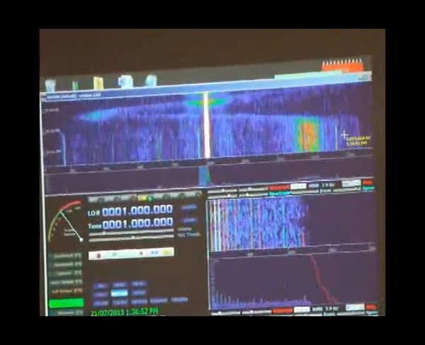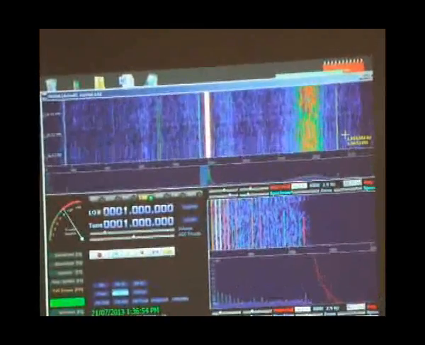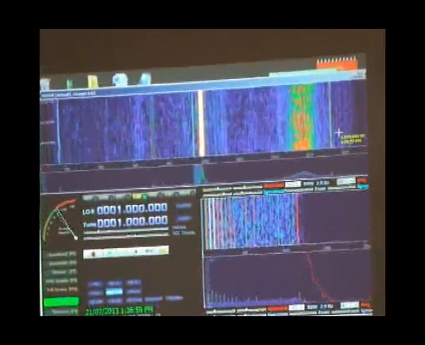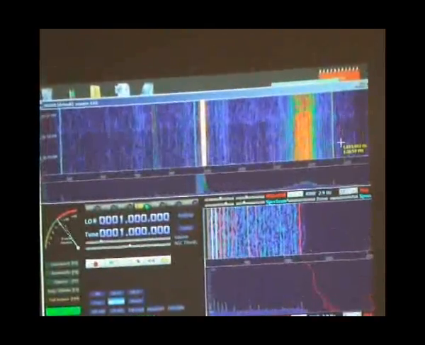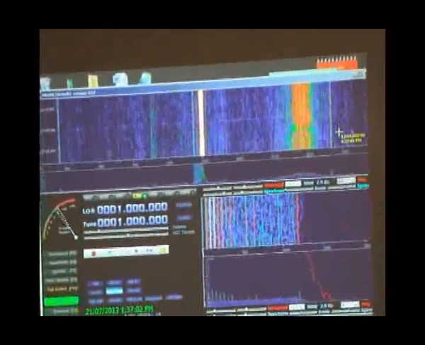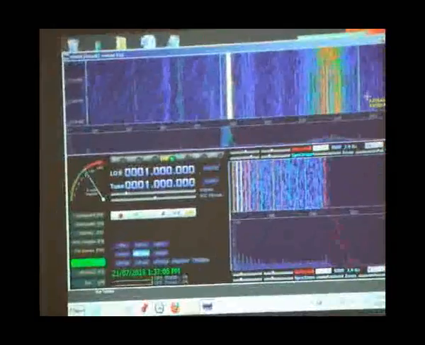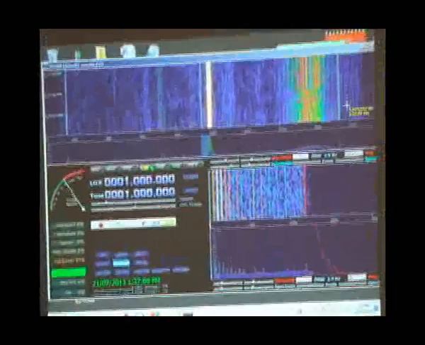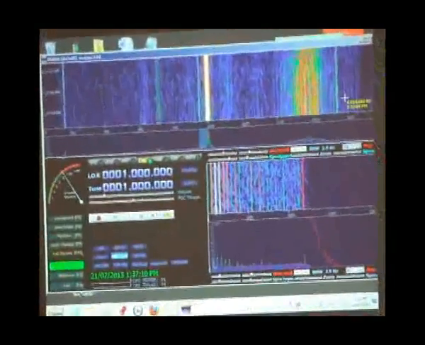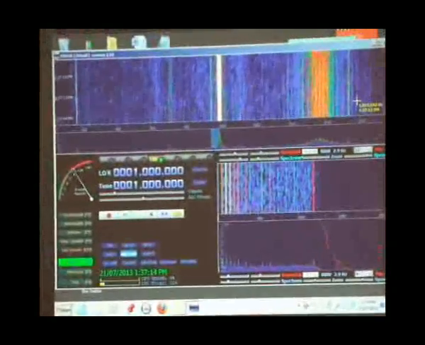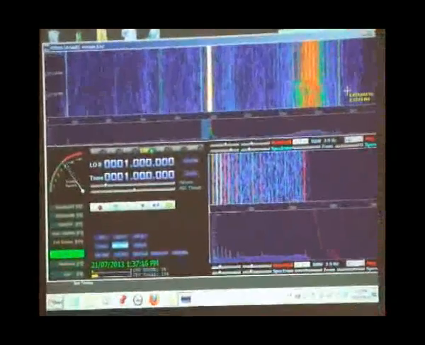Whereas with a spectrum scope, you just watch the spectrum, and the type of sound card you're using, the computer's internal sound card, defines how much spectrum you can actually observe. So this has got a 48 kilohertz sound card, so I get 48 kilohertz of spectrum. The sampling rate of the sound card is directly related to the spectrum you can observe.